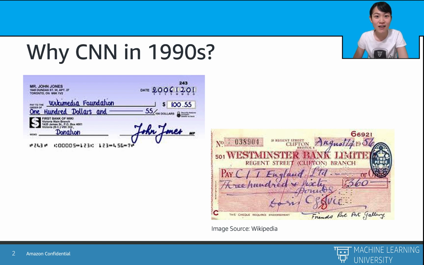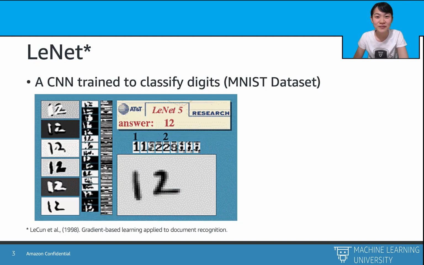The model is called LeNet, and it was widely adopted by banks back in the 1990s to recognize the digits for processing deposits and checks in ATM machines. More interestingly, some ATM machines are still running the code until now.